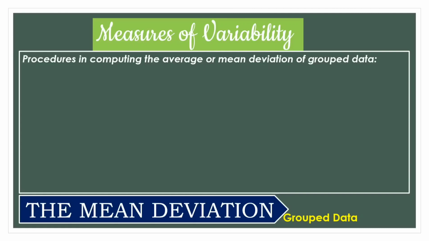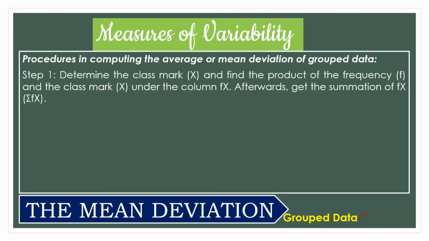This time we discuss how to solve for the mean deviation of grouped data. Here is the procedure. For step 1, we determine the class mark, using the symbol capital X, and find the product of the frequency and the class mark under column fX. It's like solving for the mean of grouped data.